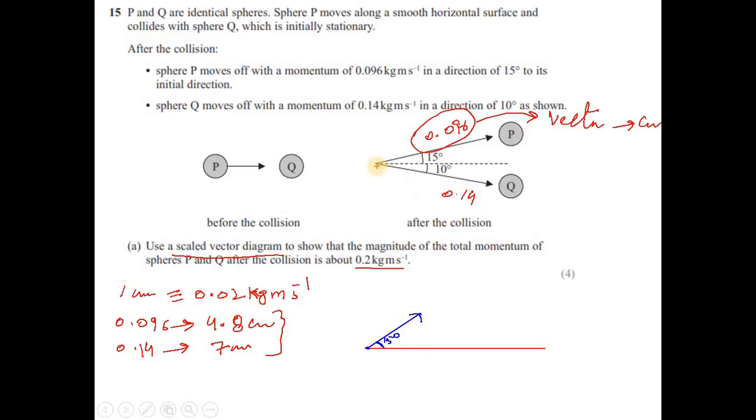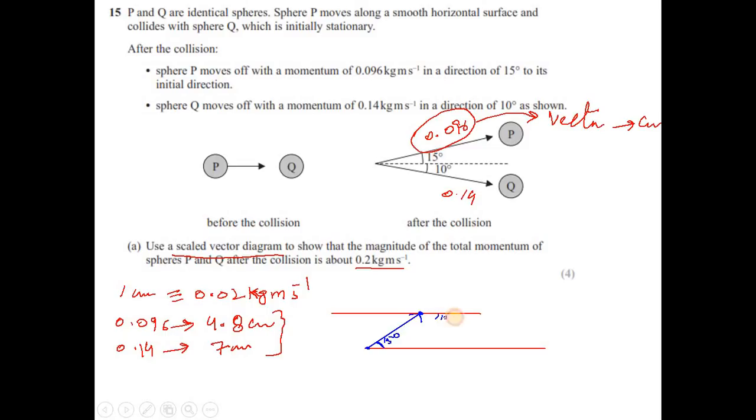Then you will have to draw the head of the first vector joined with the tail of the second vector, which is for Q. You need a reference line, so you can draw another angle. This is your other reference line, and then 10 degrees below the horizontal. Put the protractor here and measure a 10 degree angle like this.